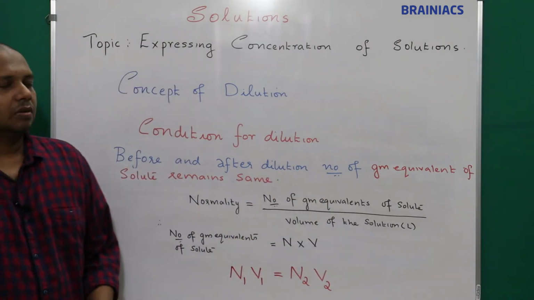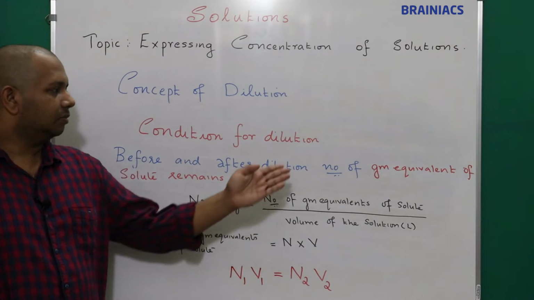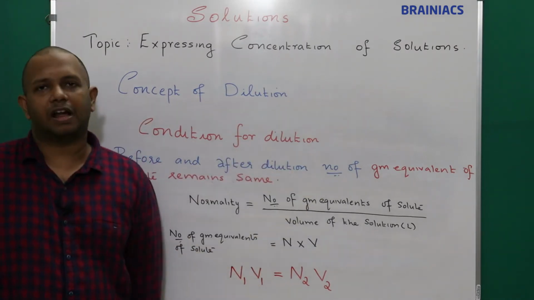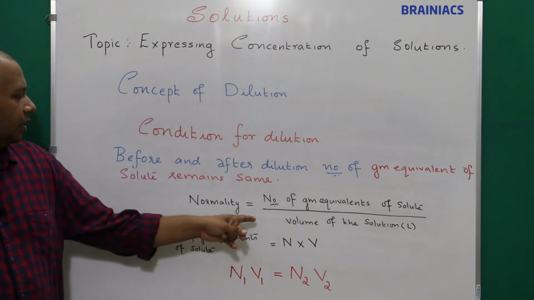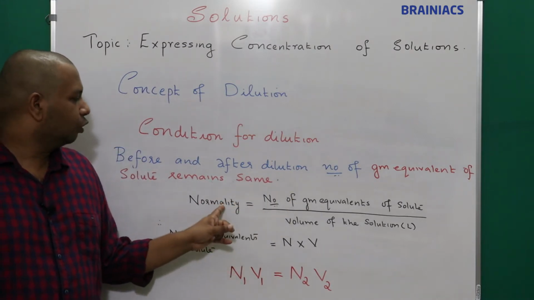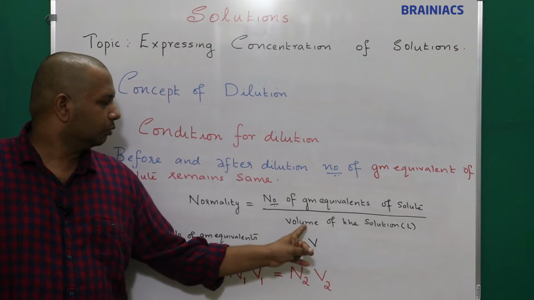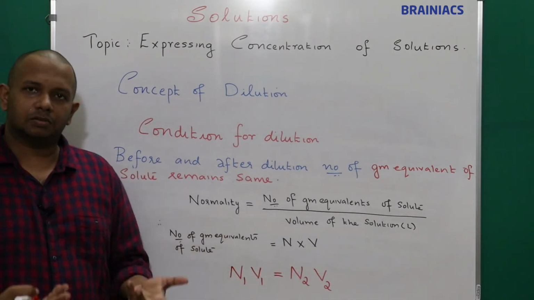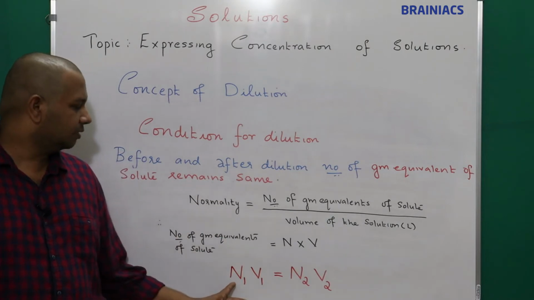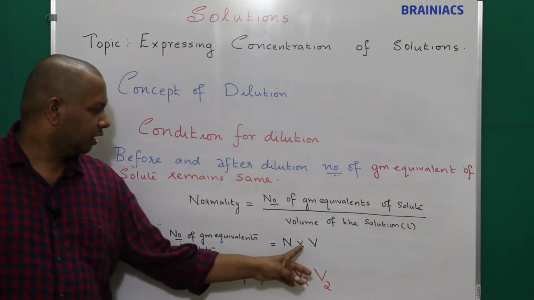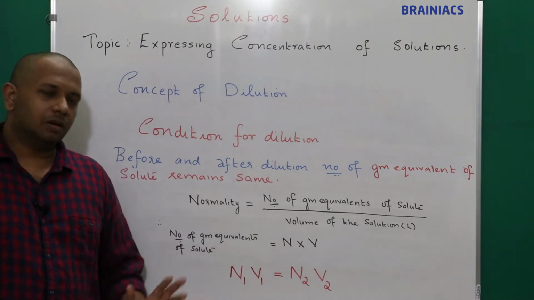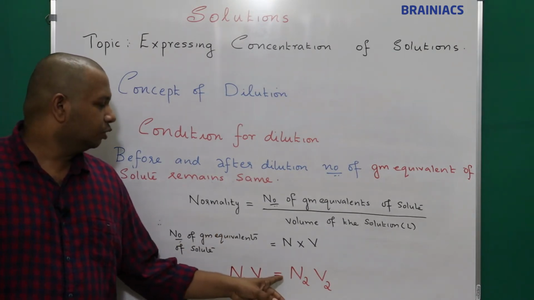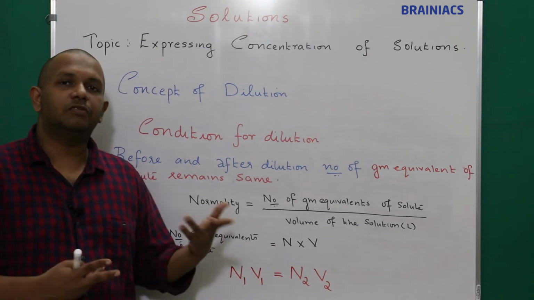Correct. So three factors remain the same: first, the weight in grams of the solute; second, the number of moles of the solute; and third, the number of gram equivalents of the solute. The number of gram equivalents of the solute is equal to normality N into the volume of the solution in liters. Before the dilution, the number of gram equivalents has a fixed value, let me say N1 into V1. Now after dilution, the value still remains the same, so I can say that it is equal to N2 V2. Why am I not writing N1 V1 again?